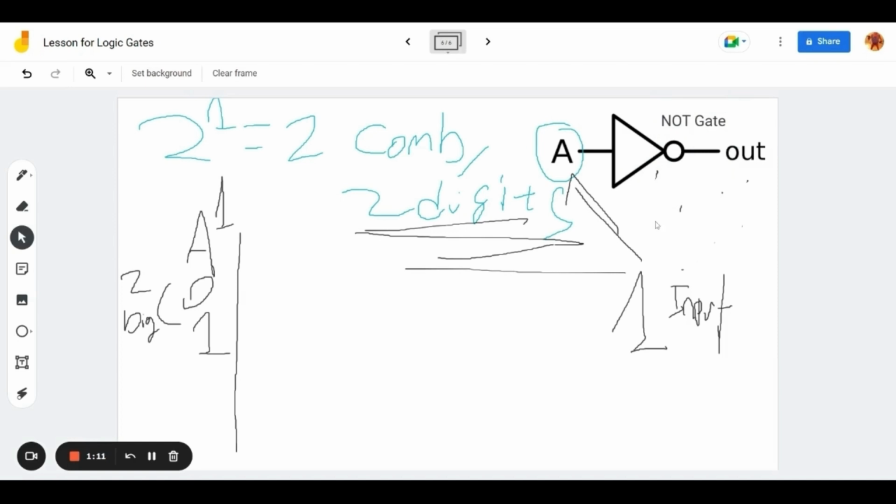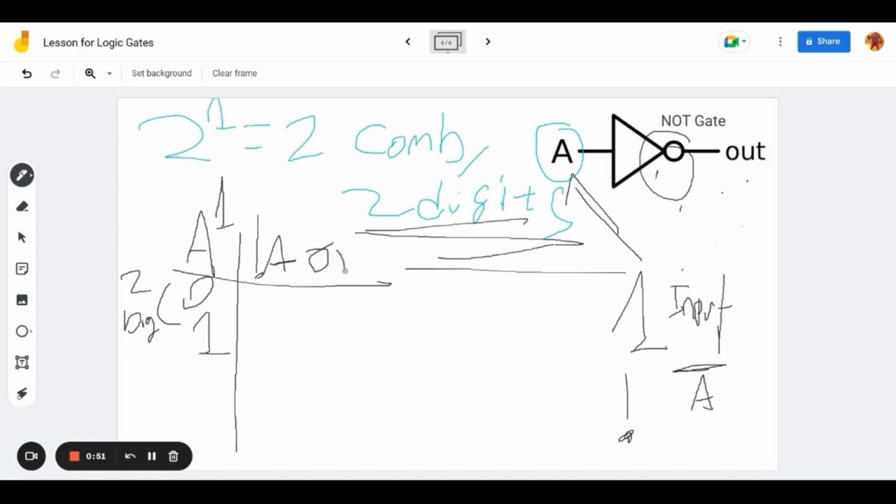The symbol for a not gate is either an exclamation mark or a little line on top of the variable. So I could either write it as exclamation mark A to represent the not, or I could write it as A with a little dash over it.